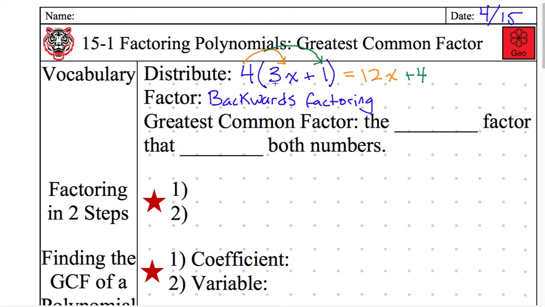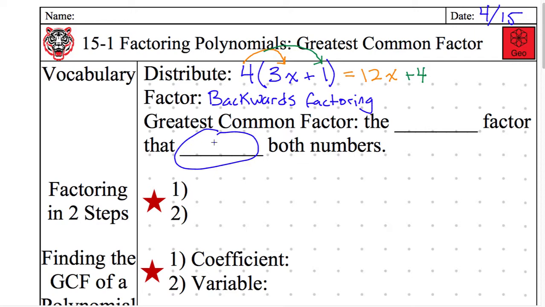Okay, so, and greatest common factor. This is definitely from the warm-up. And I don't want to use the word greatest in my definition. Who wants to try to fill this in? It's the what factor that does what to both numbers. So for this one, I'm looking for a size word. For this one, I'm looking for an operation word like adding or subtracting. I see India's hand.